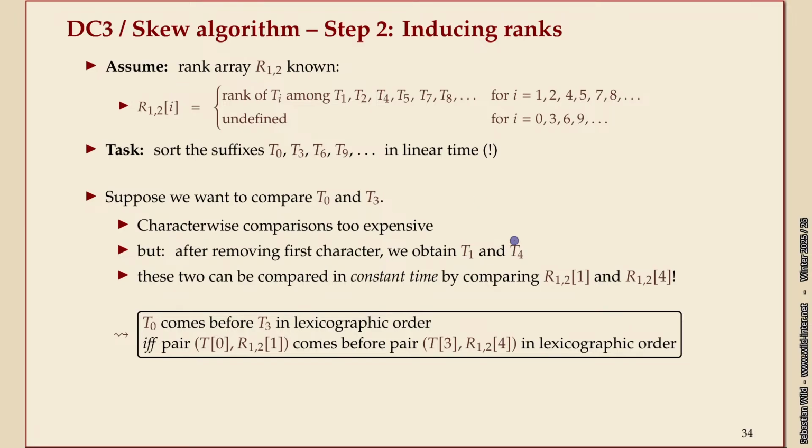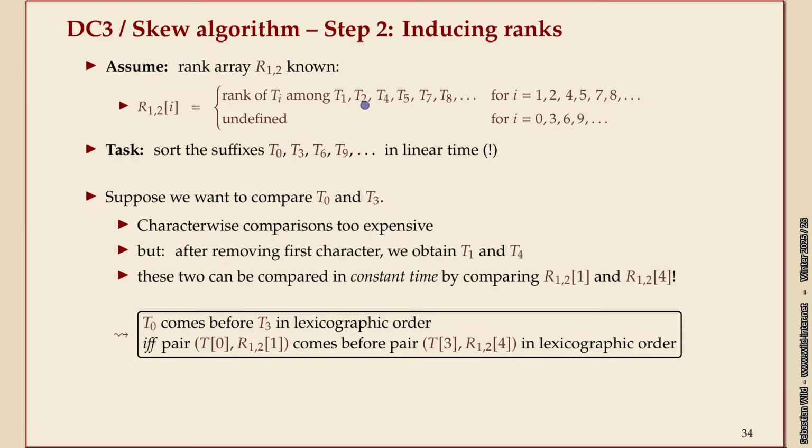And same for T3, if you remove the first character, you get T4, the suffix starting at position 4. And for those two, these are both in R12. So for those two, you already know how they compare. You can look up the rank and compare the ranks instead of the actual strings. So instead of comparing potentially many characters, you compare a single integer.